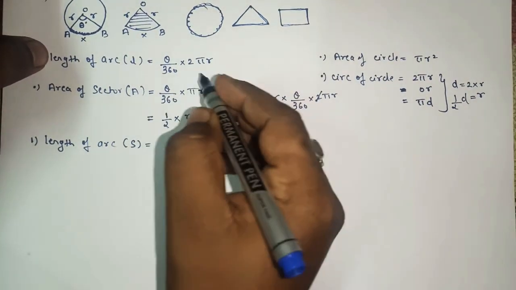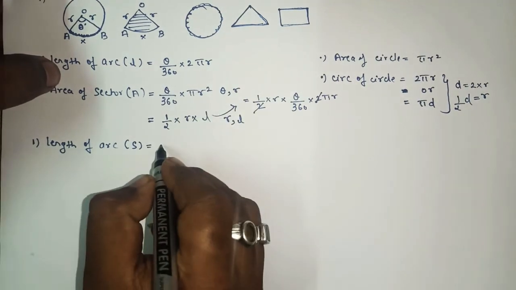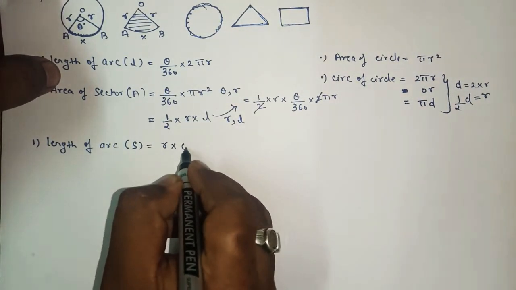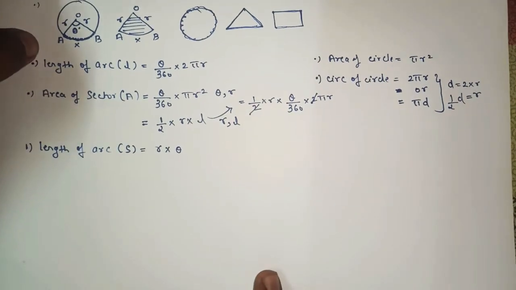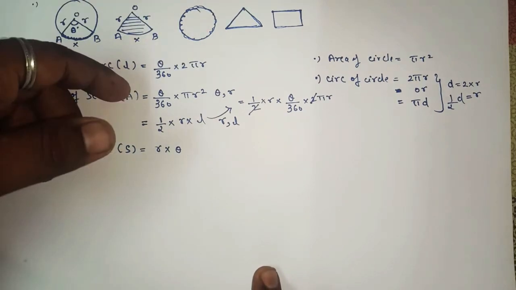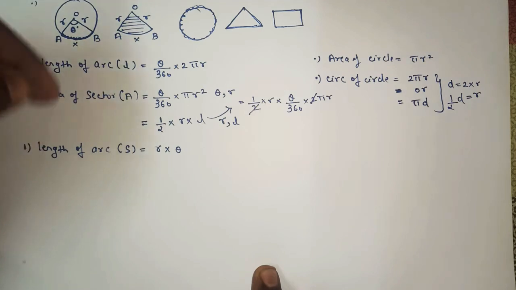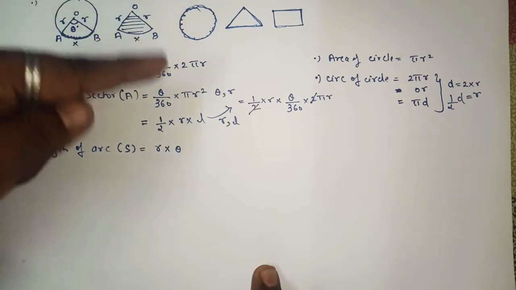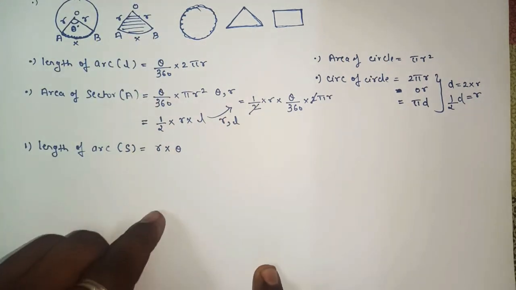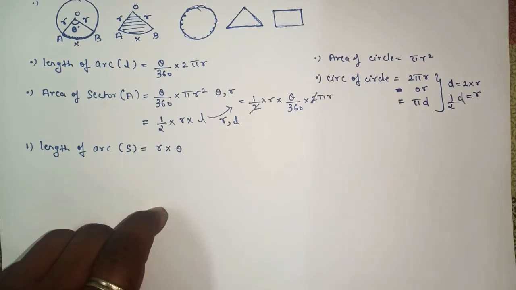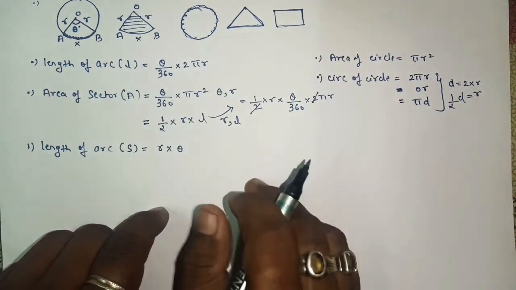We will be using this formula for 11th standard: r into theta. The diagram will be the same, radius will be given, theta will be given, but in 10th standard we used to apply theta upon 360 into 2 pi r, and here the formula is different. Why so? I will explain why.